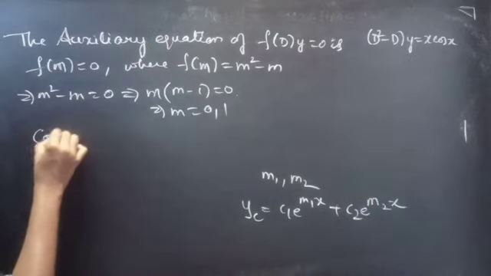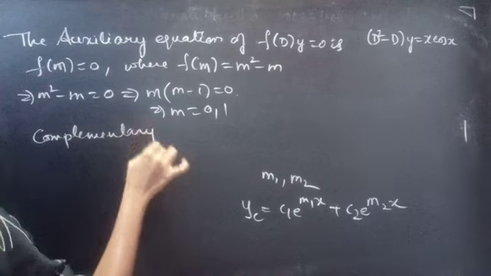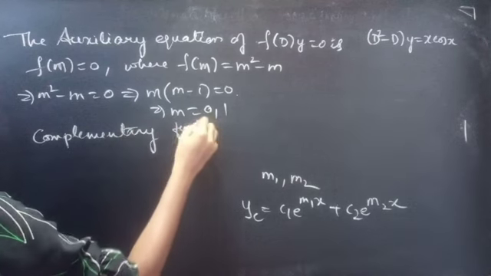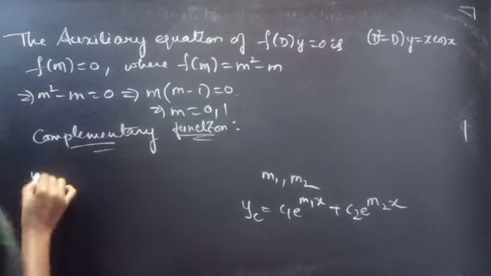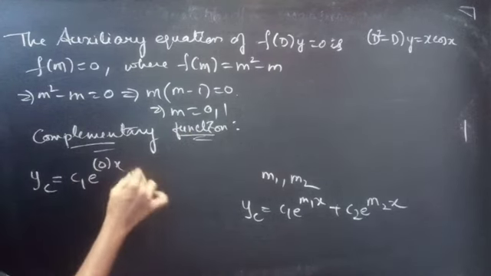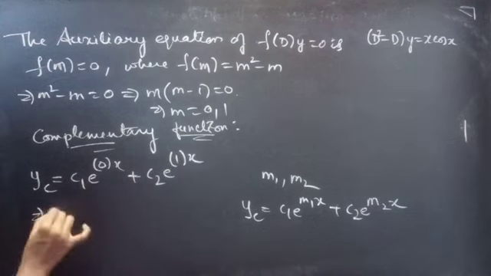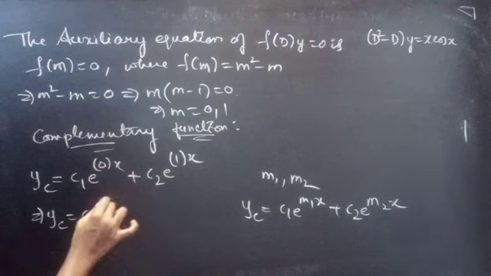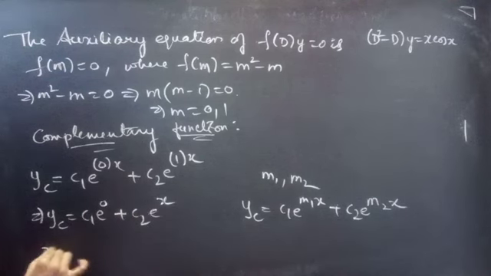Now our complementary function will be yc = c1 e^(0·x) + c2 e^(1·x). Then yc will be c1 into e^(0·x), which is e⁰, plus c2 e^(1·x), which is e^x, right?